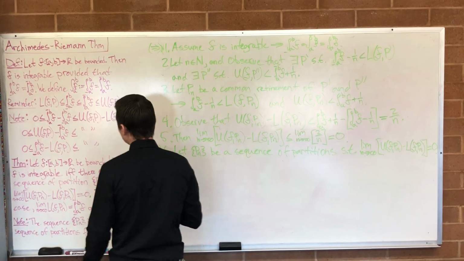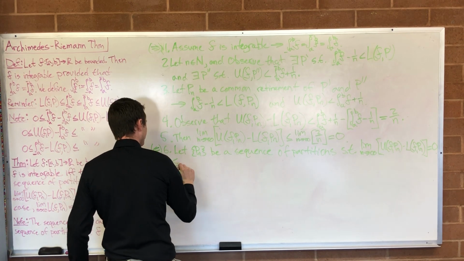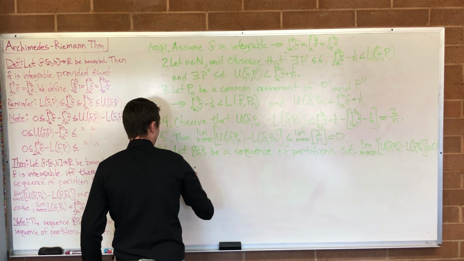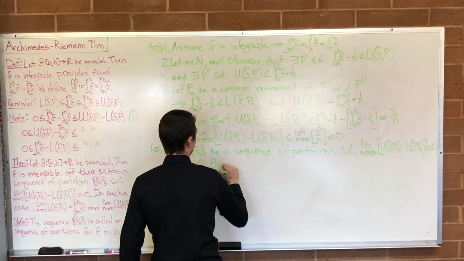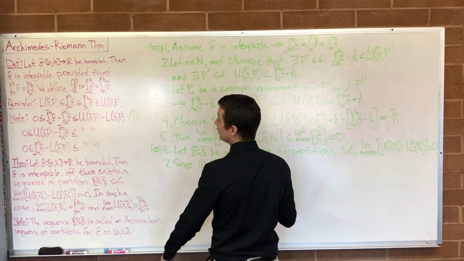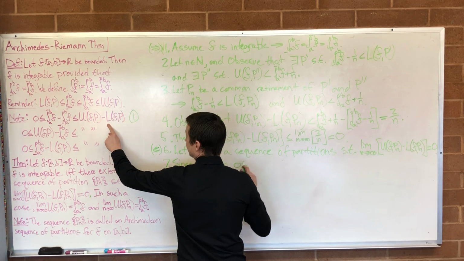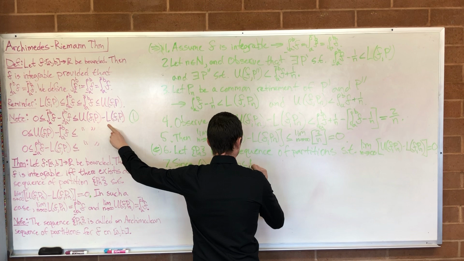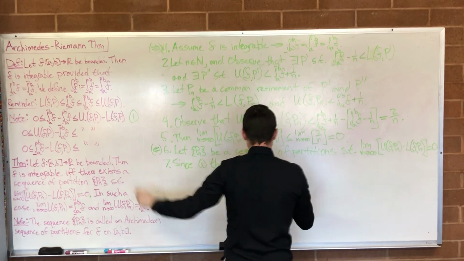So, I'm going to just call this equation 1. Since equation 1, then we're doing this one. 0 is less than or equal to the upper integral minus the lower integral.